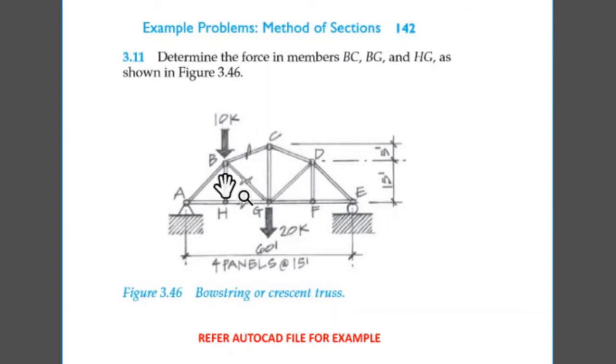We can directly solve the forces that we are being asked in members BC, BG, and HG by cutting the truss at about the halfway point where these three member forces are occurring. Again, please refer to the AutoCAD file for this example.